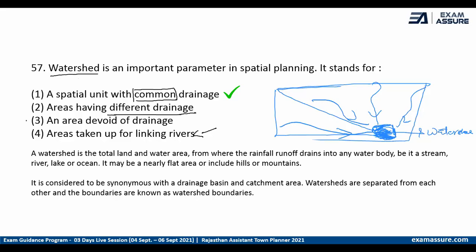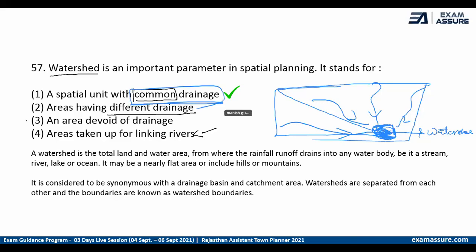In certain areas, a wetland is also a sort of watershed. In some areas where the watershed has been filled for land, floods are common. So we can think of a watershed as a spatial unit with common drainage.